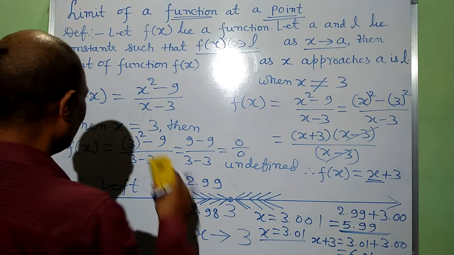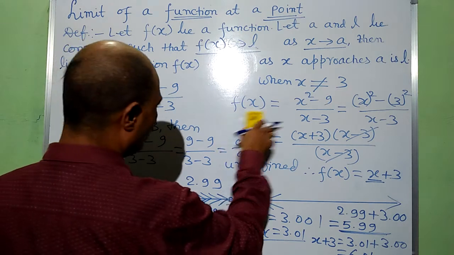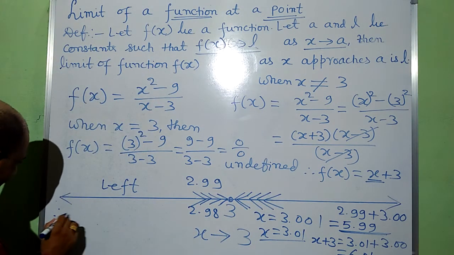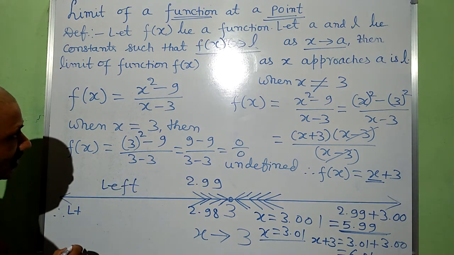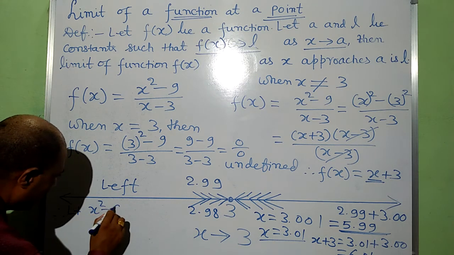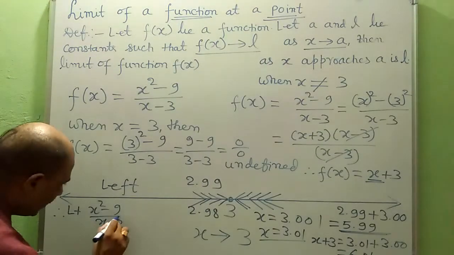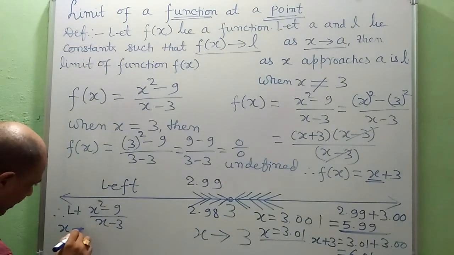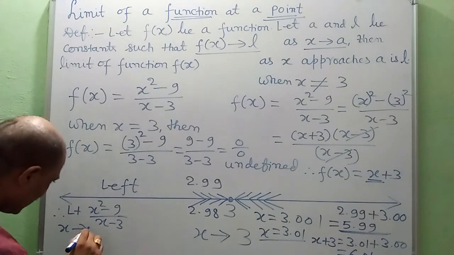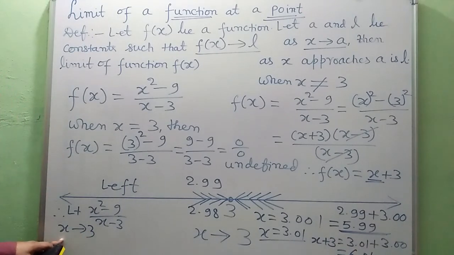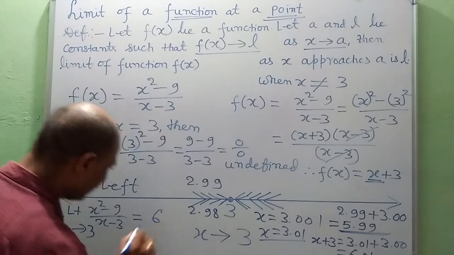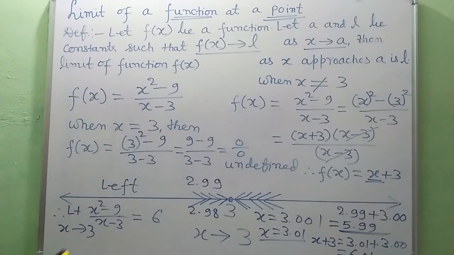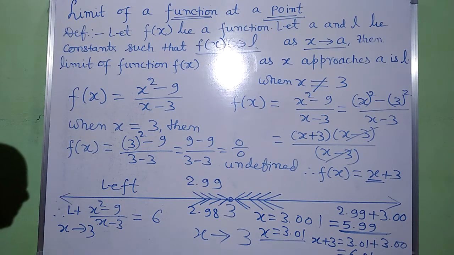In this way, the limit of the function x square minus 9 by x minus 3, where x is approaching 3, with x slightly less than 3 or slightly greater than 3, is 6.